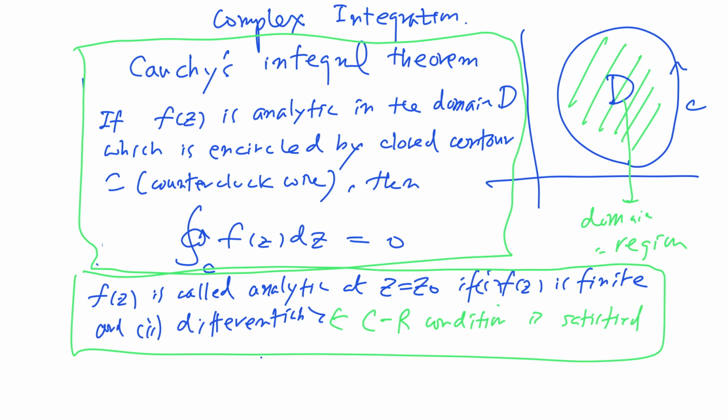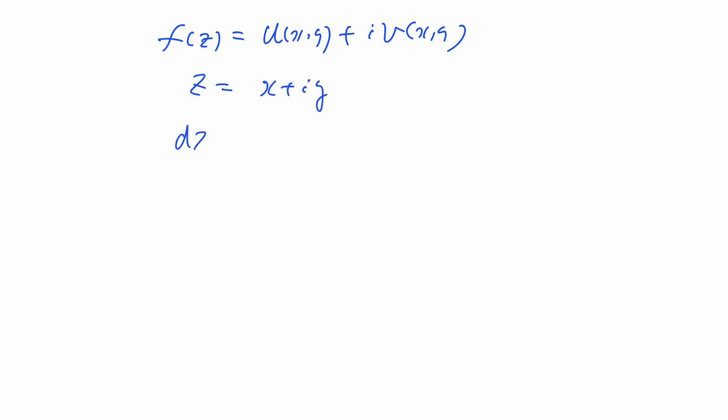So can I move on? f is u plus iv, z is x plus iy, dz is therefore dx plus i dy, right?